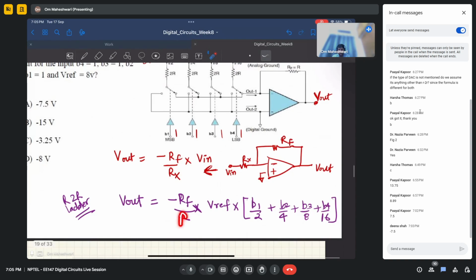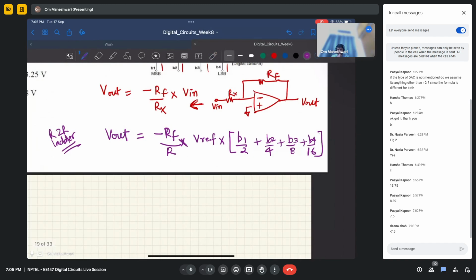So we have used this R here. If we solve it, minus R by R is cancelling. Vref is 8 into B1, B2, B3, B4 all are 1.